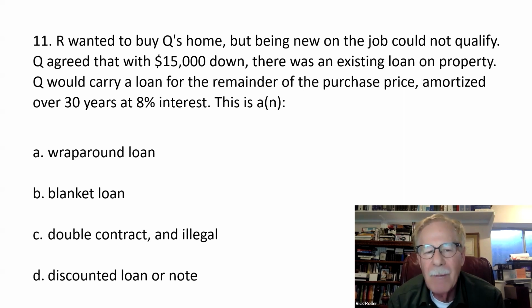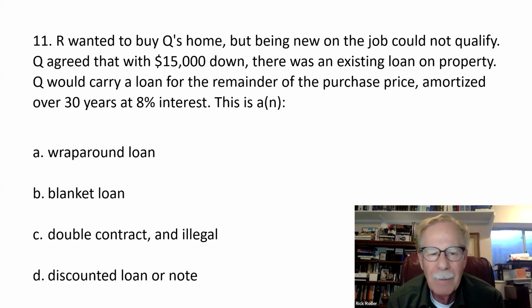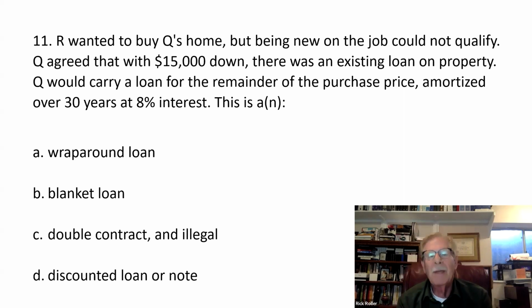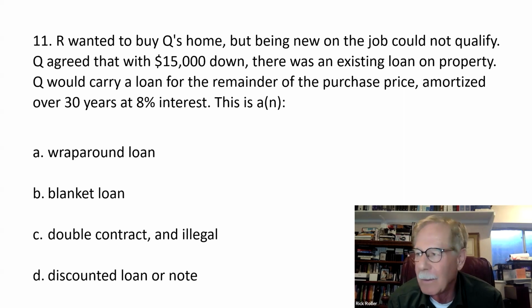So out of the money that is in the new loan, part of it was the old loan that was Q's, probably. But it probably wasn't 8%. So Q's going to make 8% on the remainder of his equity. Plus, if that old loan was 4.5, he's going to make another little push from the difference between the 4.5 and the 8. So, kind of a nice situation for Q to be in.